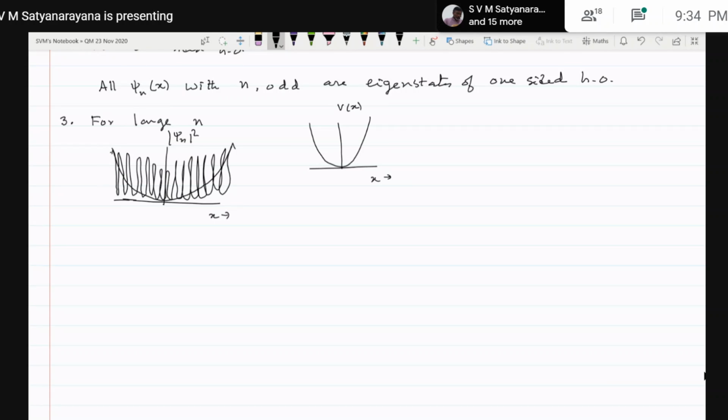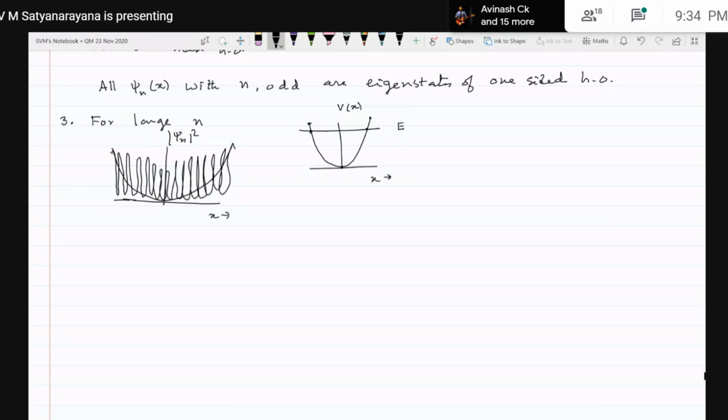When the particle comes to the bottom of this potential well, the potential energy is low but the kinetic energy is large, so the amount of time it spends at this point is very little. Whereas, depending on the energy, let's say you have some total energy like this, then it can only go up to this point and up to this point, and these are called classical turning points. And it spends more time at turning points because at that point the kinetic energy is zero.